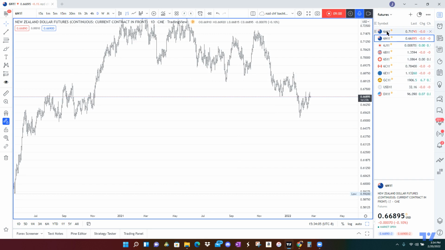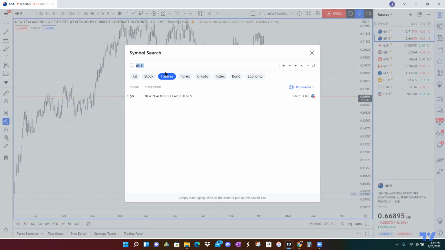So when you're coming to TradingView, click here, click futures, type in 6, and then pretty much all of the futures contracts will show up. But realistically, you could just type in 6 plus the first letter of that country's currency. 6N, of course, is the Kiwi, the New Zealand. 6J, the Japanese futures.